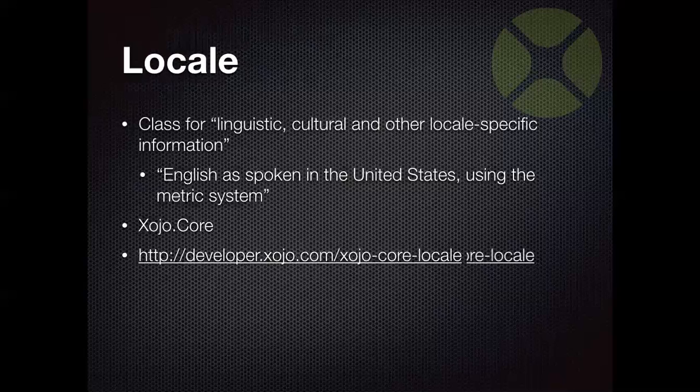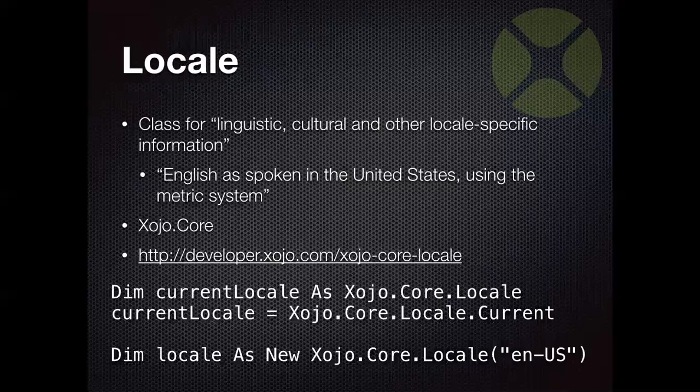And you can find its information here. And this is an example of how it can be used. And you can see, it's a class. You have to use its path to its class name. So here you can see I'm declaring the variable, and I'm using xojo.core.locale because that is its full name. On iOS, of course, you could just use locale because all the Xojo namespace stuff is implied.